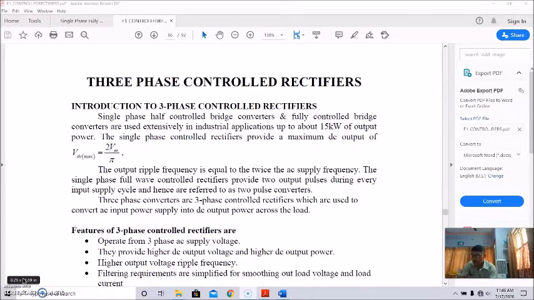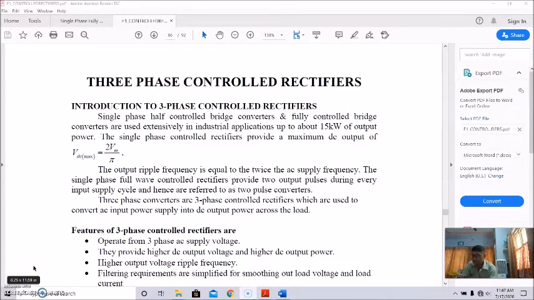Full-wave bridge rectifiers may be half control and full control. Full control is again divided into three-phase fully controlled bridge rectifier, commonly known as six-pulse converters, and six-phase full wave controlled bridge rectifier, known as 12 pulse converter.